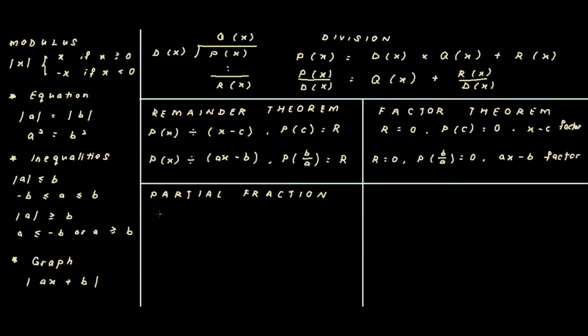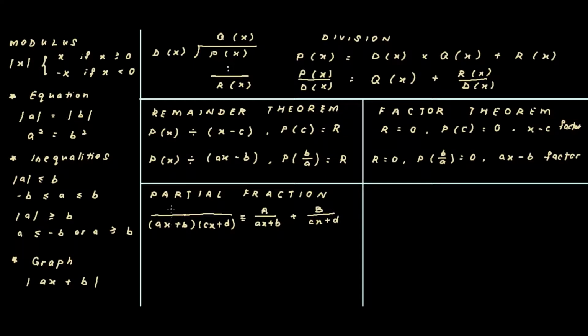If you have linear factors ax plus b and cx plus d, then when you write it as partial fractions, it will be a constant over ax plus b, plus another constant over cx plus d. So just remember, for every linear factor you will have one partial fraction, a constant over the linear factor. This is type 1.